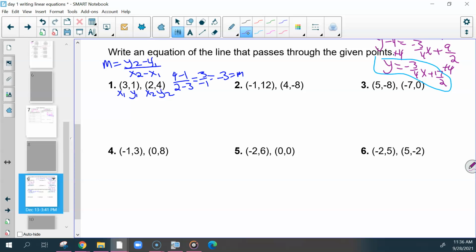So if I'm choosing the point 3, 1, this would look like y minus 1 equals negative 3 times x minus 3. I would start simplifying this. Y minus 1 equals negative 3x plus 9. Add 1 to both sides. You get y equals negative 3x plus 10.